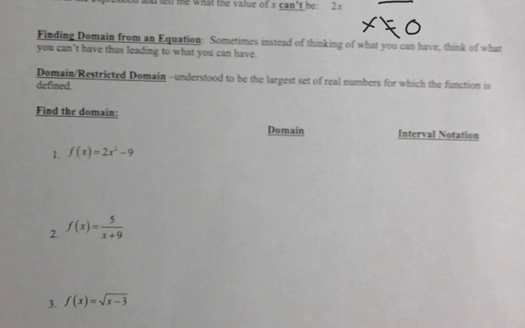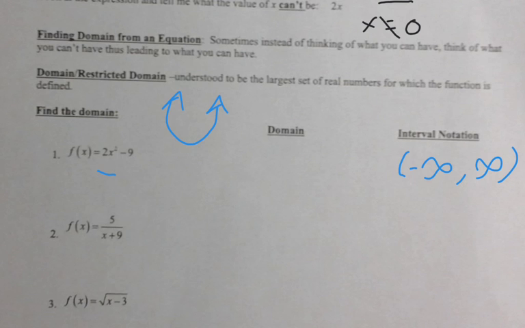Okay, so looking at expression 1 or function 1, we see that it's 2x squared minus 9. If you remember from last night, this is a positive parabola, and it looks something like this. That's what parabolas look like. So if we look at our domain, we remember it was, in interval notation, negative infinity, comma, infinity, in parentheses.